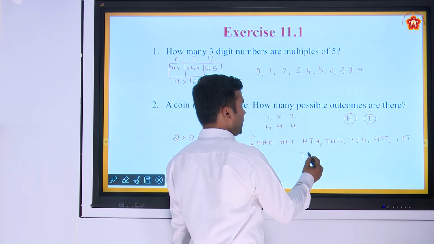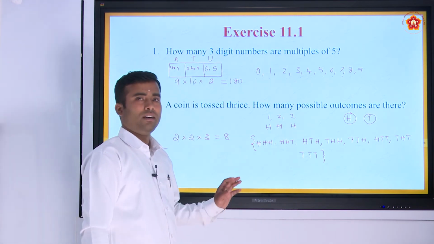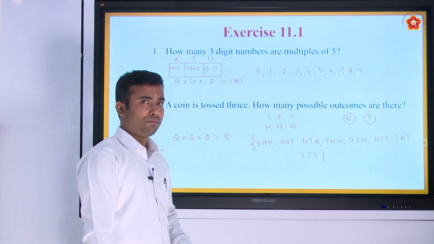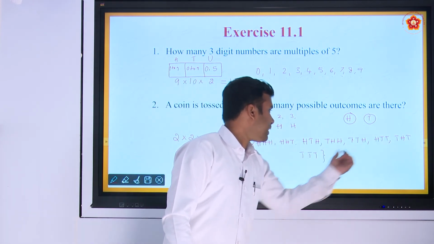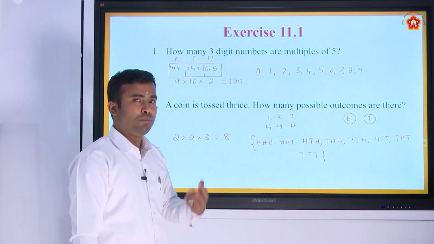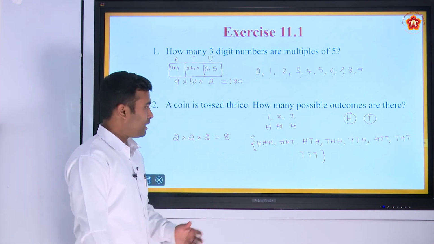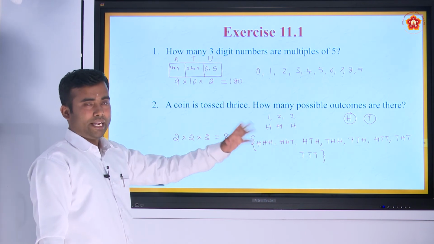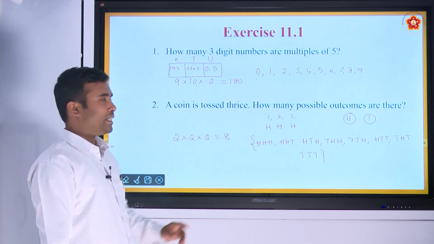The other one is tail. So like this, these are the possible outcomes when you toss a coin 3 times. 1, 2, 3, 4, 5, 6, 7, 8. So there are 8 possible outcomes. Okay, the answer to this question is there are 8 possible outcomes. It's 2 into 2 into 2, there will be 8.